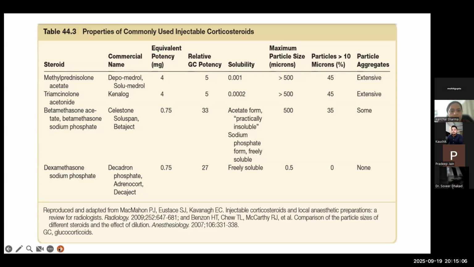For betamethasone, there are two forms: the acetate form, which is practically insoluble, and the sodium phosphate form, which is freely soluble. So betamethasone is the agent which comes in two forms, and it is very difficult to predict whether the particles will have aggregating properties or not.